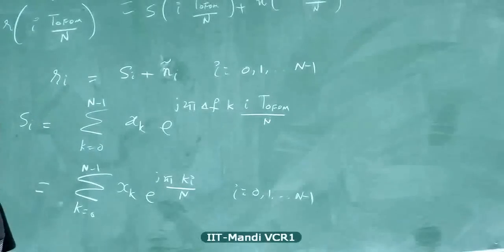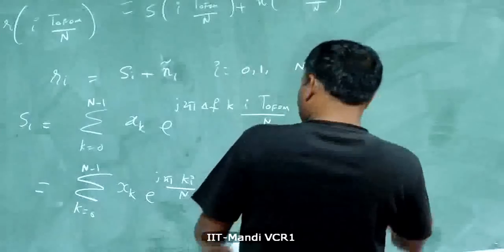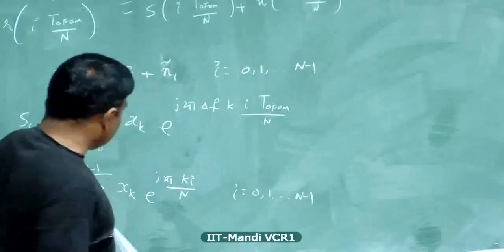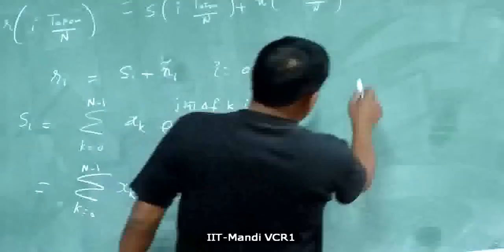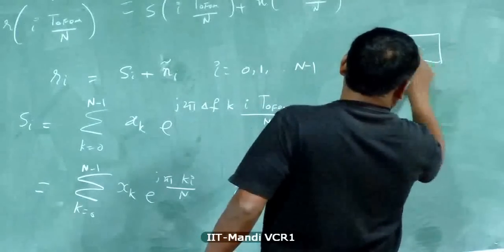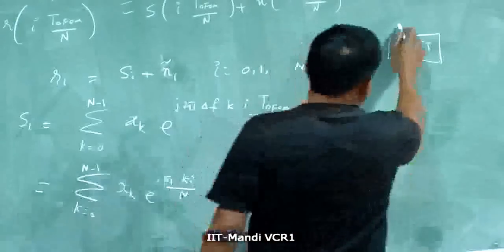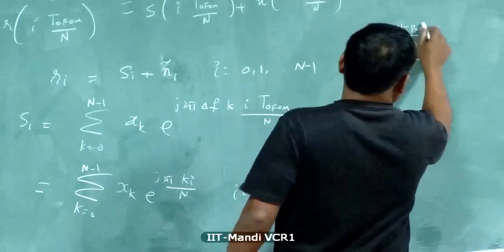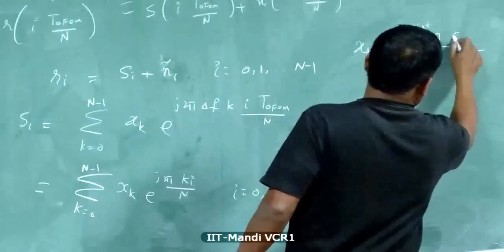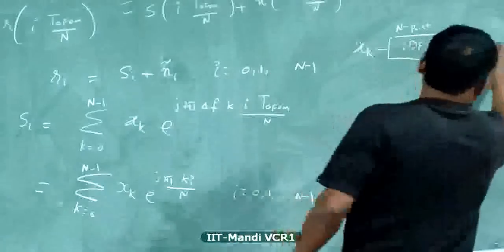I'll explain the reason for doing so in a moment. So how could S of i be generated? Take a sequence X of k and pass it through an N point inverse DFT. And what would you get? S of i, and pass this through a digital to analog converter.